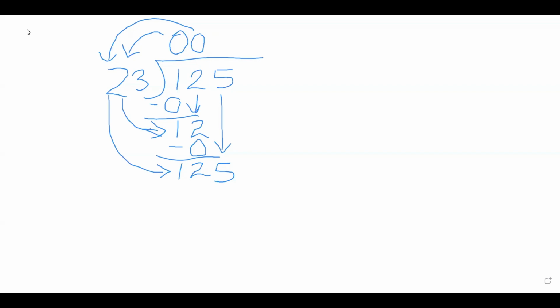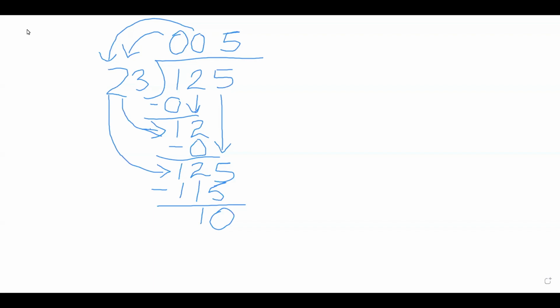And the answer is 5. And 5 times 23 is actually not quite 125. It's actually 115. So now we're going to subtract 115, and the remainder is 10.